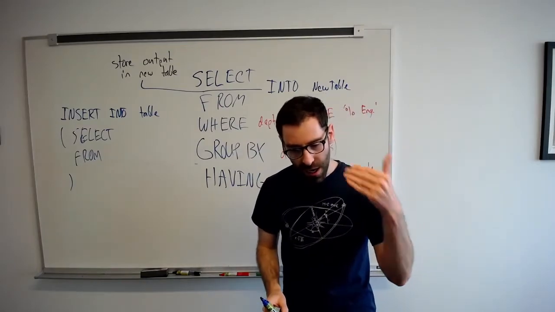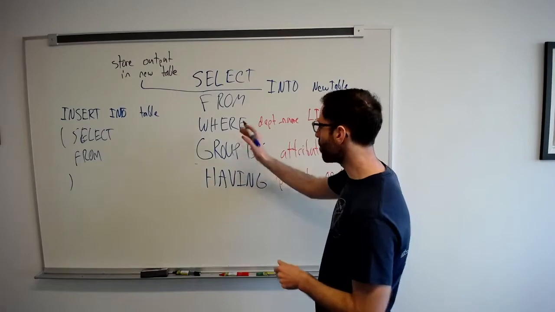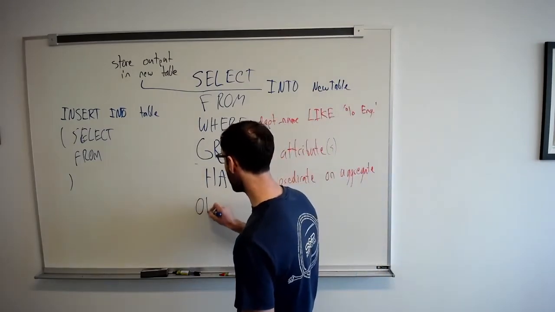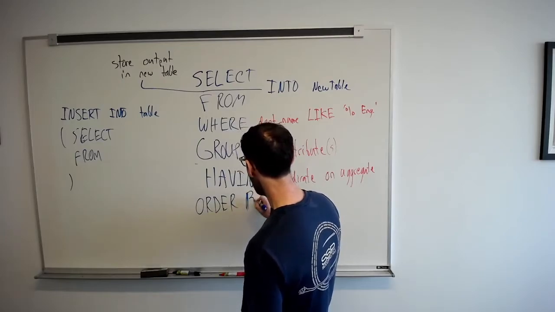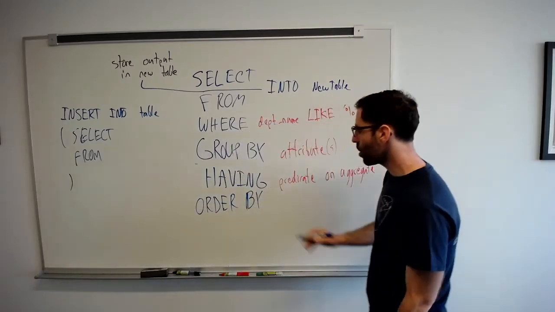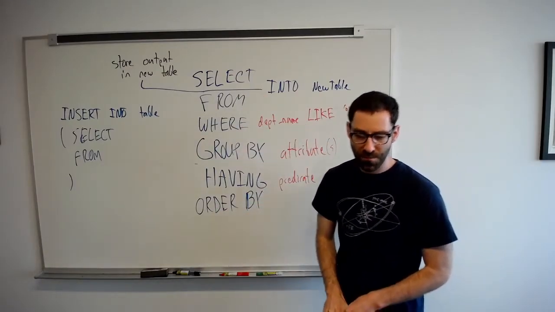We can tell SQL to sort our tuples according to some property, and we do this with the ORDER BY clause, which comes kind of at the end of all these.